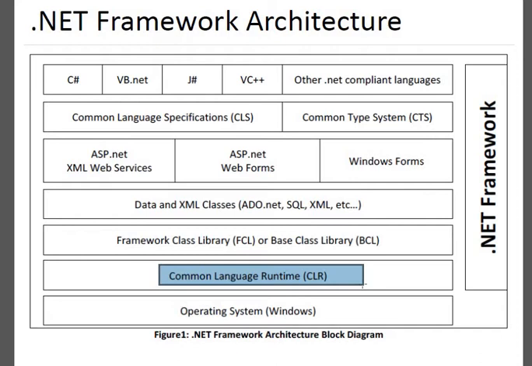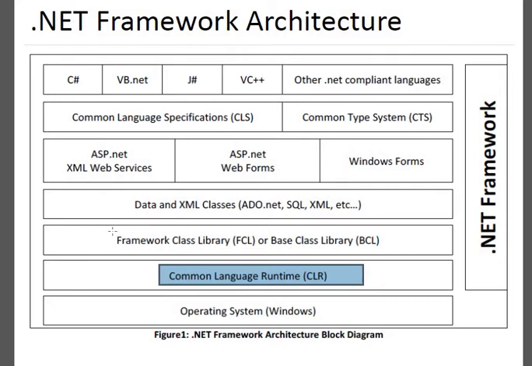Next is that the CLR is the platform on which applications are hosted and executed. Programmers write code in any language like VB.NET, C#.NET. It can be possible with the help of CLR. CLR manages memory, thread, garbage collection, exception handling, code safety, verification and other system services.